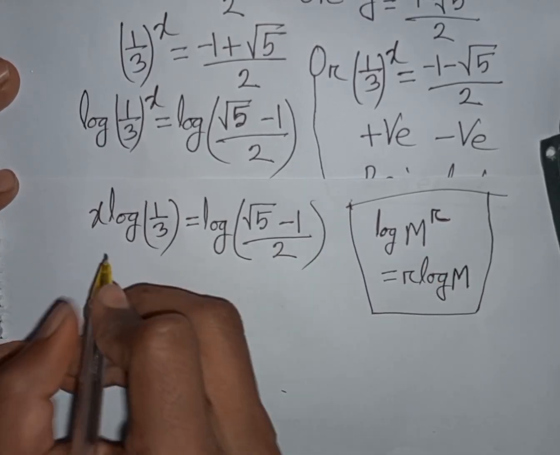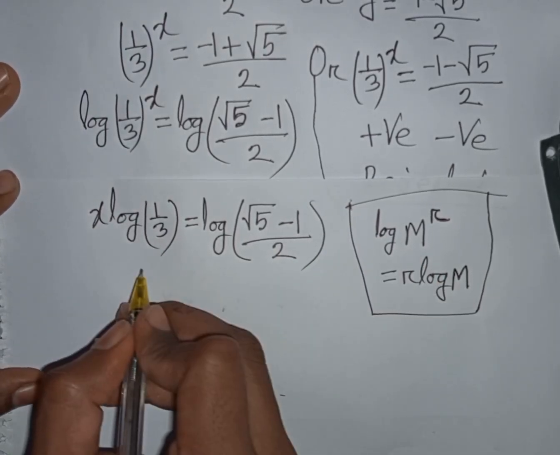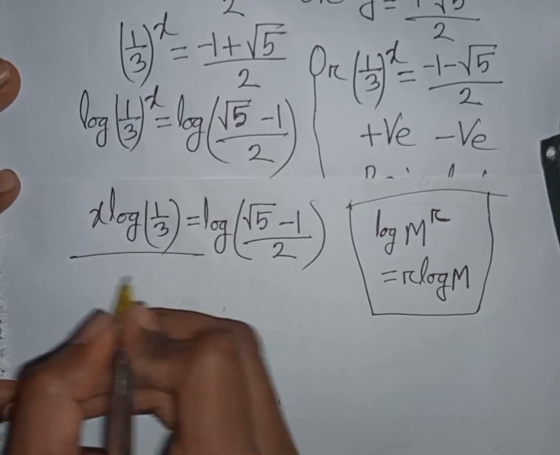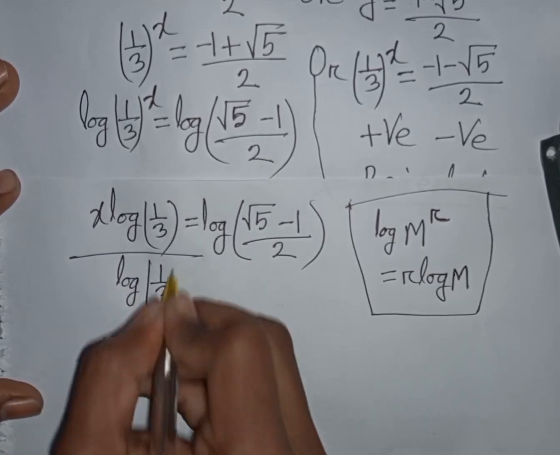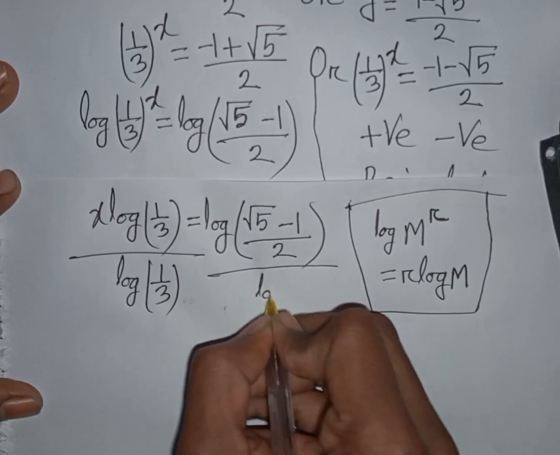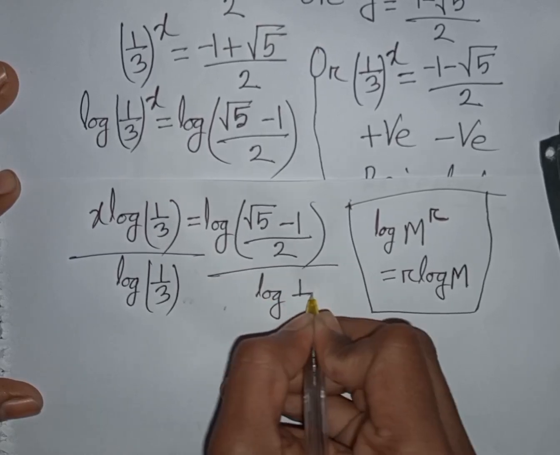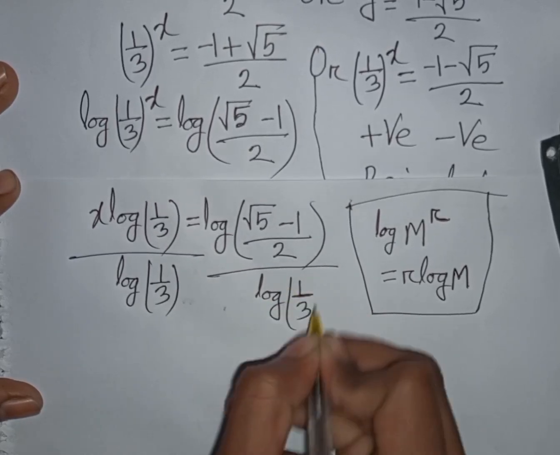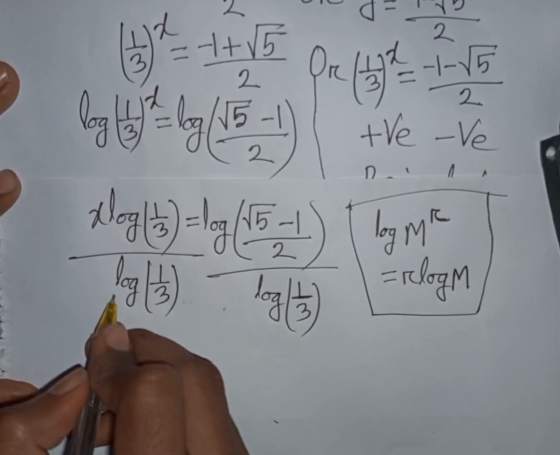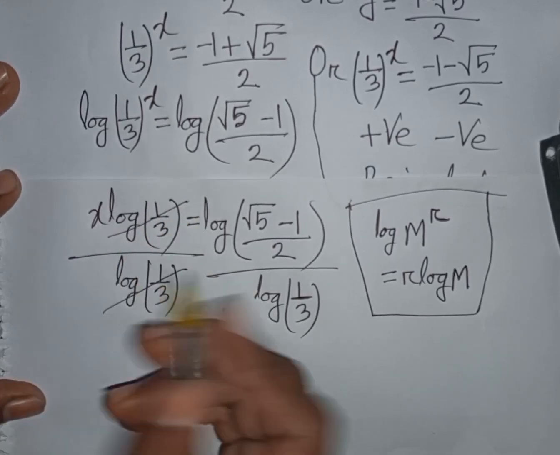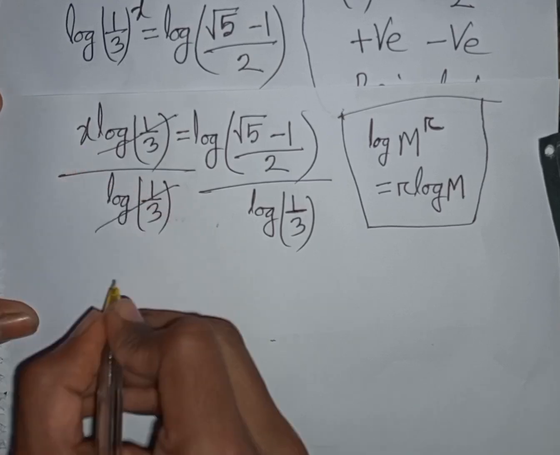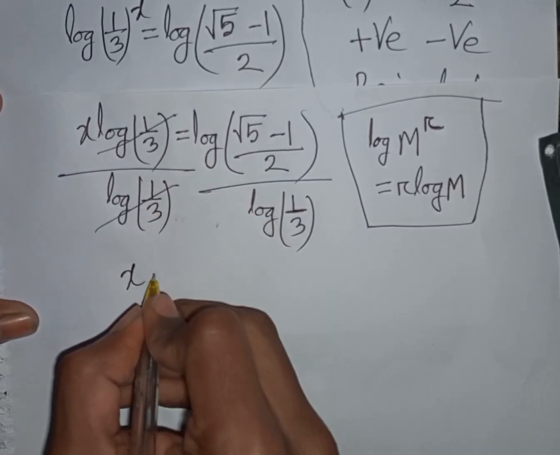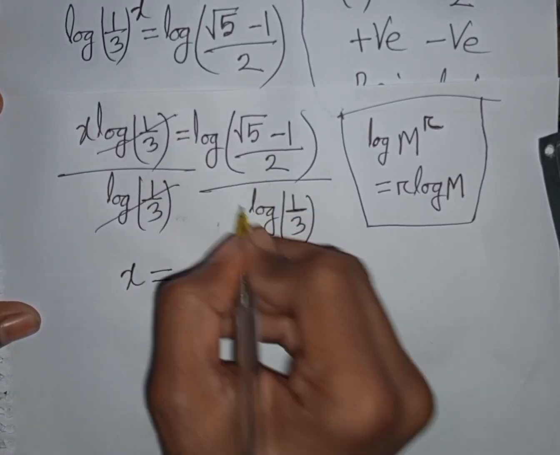Now we need the value of x, so we divide by log of 1 by 3 on both sides. Now we see this log of 1 by 3, this log of 1 by 3 will be cancelled. So here x will be equal to this divided by this.